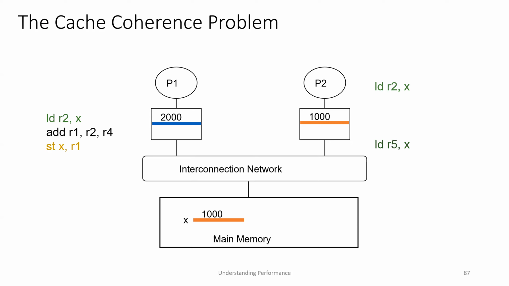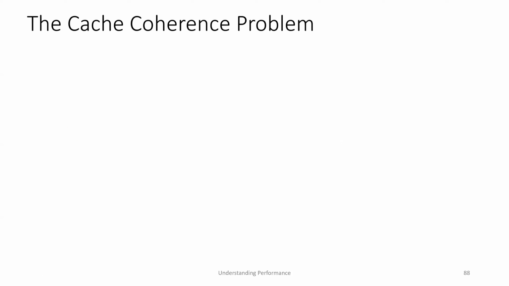If we continue the discussion at a later point of time, if P2 loads the same location X into another register R5, it should ideally get the value 2000, but because memory is again not updated, it will still get 1000, which is wrong. There is a correctness issue here. So when do we say that a memory system is coherent?